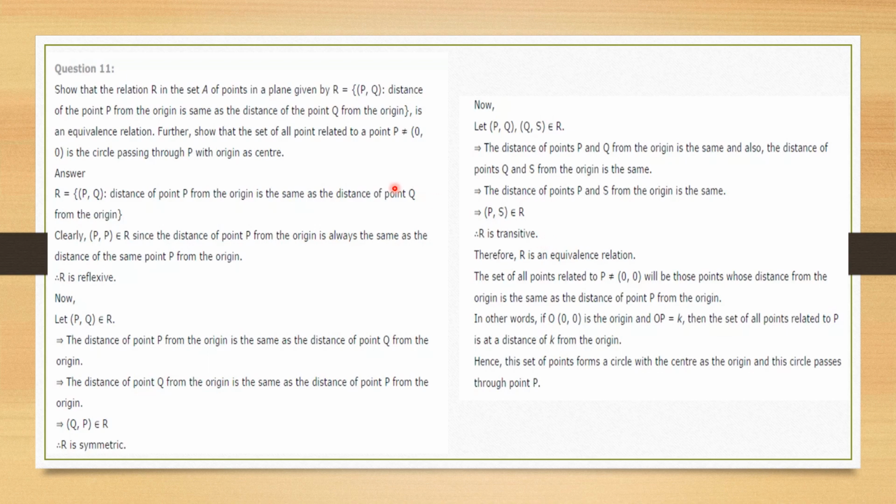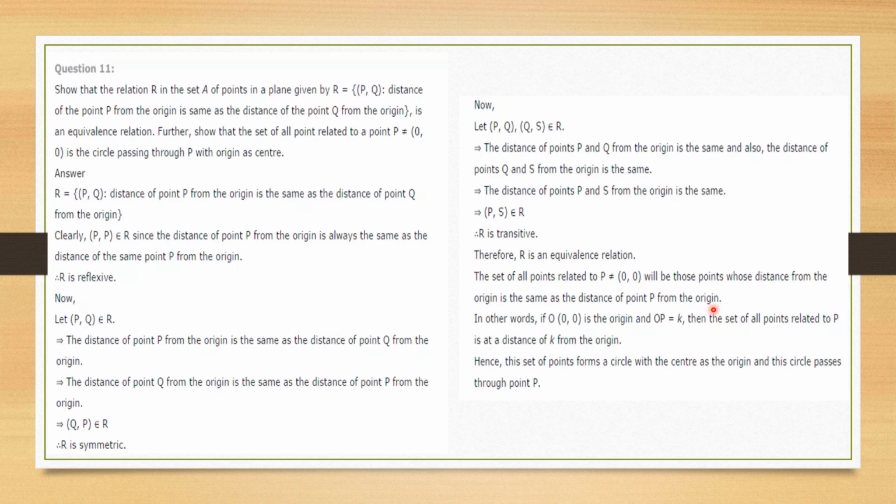Now see this portion: the set of all points related to P not equal to (0, 0), meaning P is not the origin, will be those points whose distance from the origin is the same as the distance of point P from the origin.